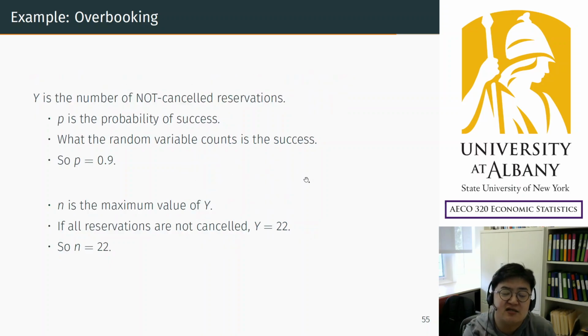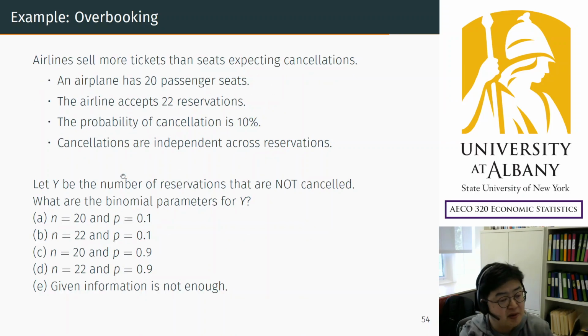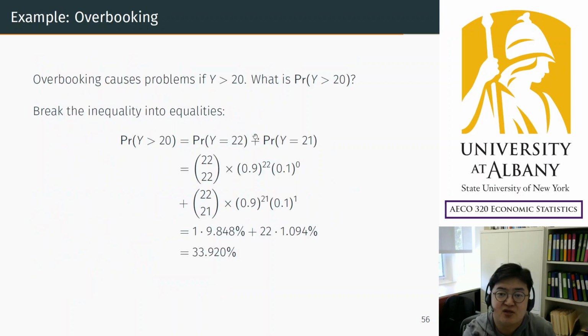And then in this example, maybe the probability we are interested in is the probability of overbooking, when there are more passengers than seats. So let's see. I'll show you how to calculate the probability that the number of non-cancelled reservations is strictly greater than the number of available seats.